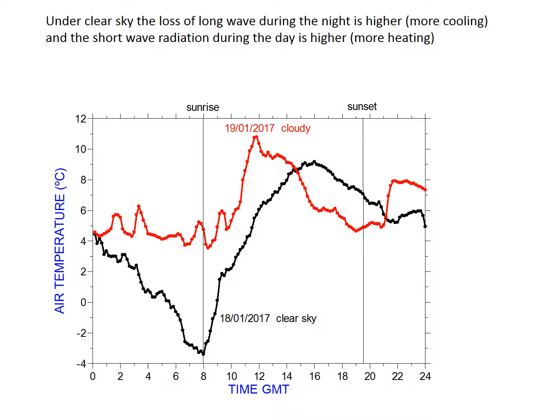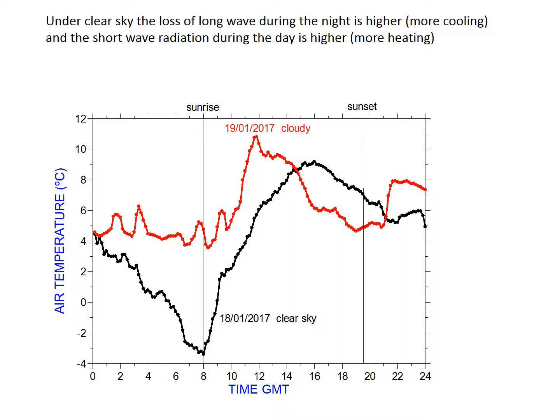With clear sky conditions, we have an important decrease in temperature during the night and an important increase in temperature during the day. Why? Because the losses of long-wave radiation during the night are greater and the gains in solar radiation during the day imply a greater heating of the air.